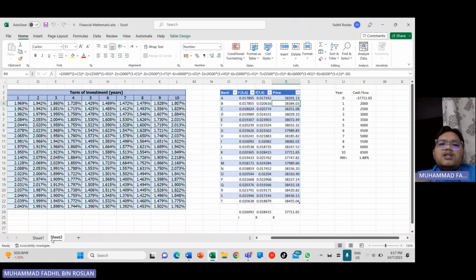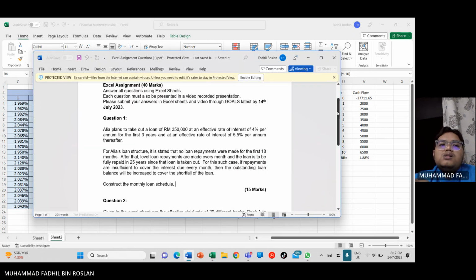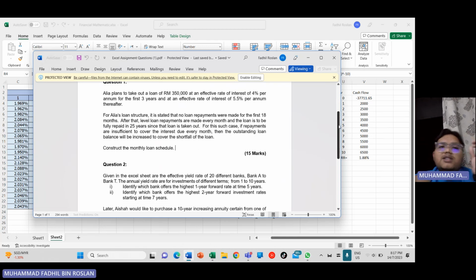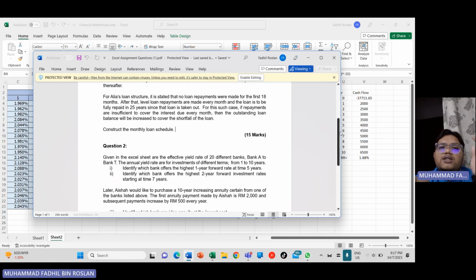For question 2, in the Excel sheet, we have the effective yield rates for different banks, A to T. The first part asks which bank offers the highest 1 year forward rate at time 5, and second, which bank offers the highest 2 year forward investment rate starting at time 7 years.